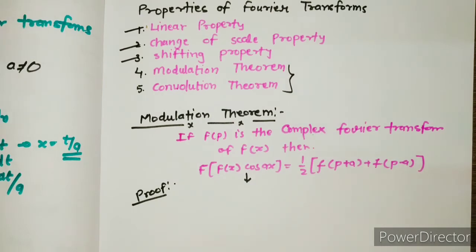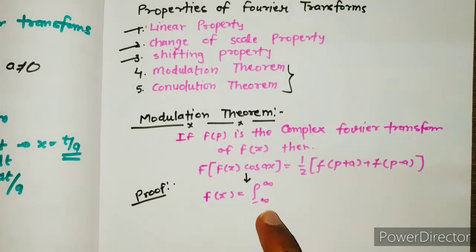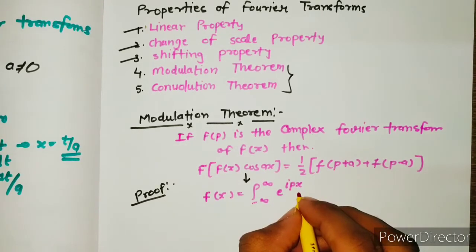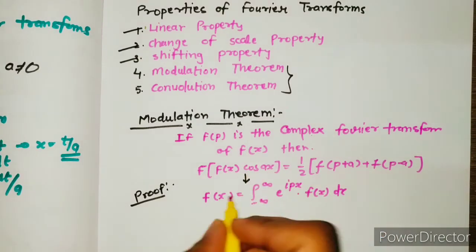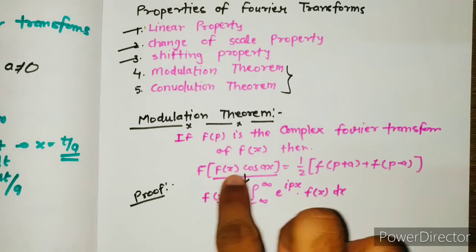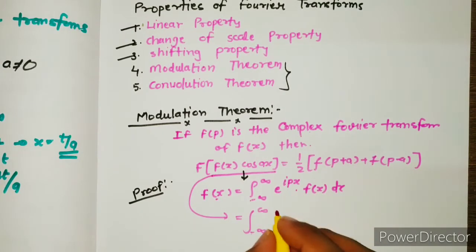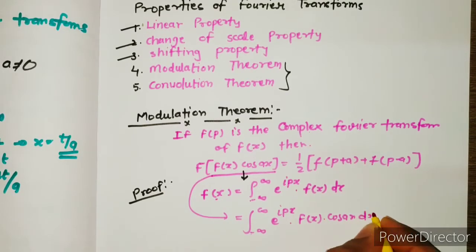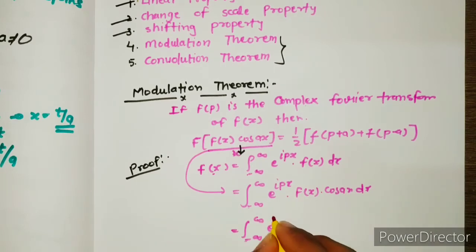The basic formula is F of f(x) equals the integral from minus infinity to infinity of e^(ipx) f(x) dx. Here the whole term is in x, because it is f(x) cos ax. So the solution is the integral from minus infinity to infinity of e^(ipx) f(x) cos ax dx.